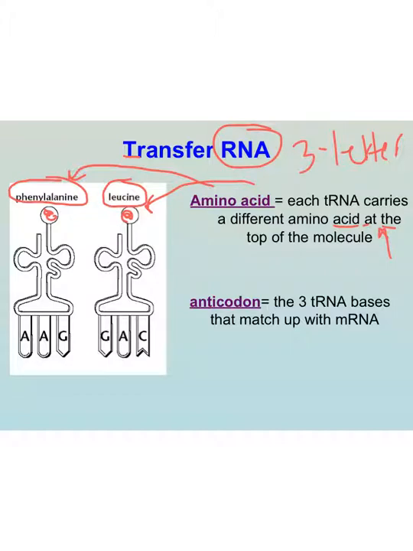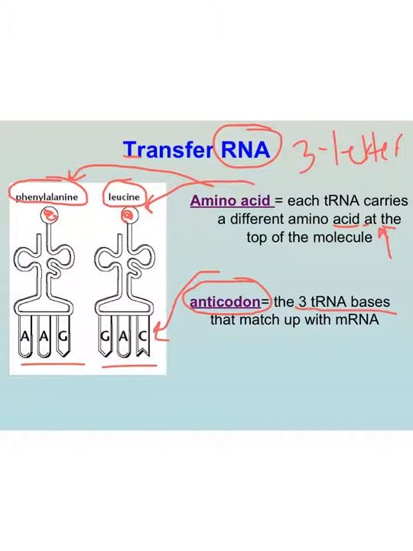So, you can see these 3 letters on the bottom of these tRNAs. This GAC right there, and this AAG right there. Those are called anticodons. Three bases on the bottom of a tRNA molecule make an anticodon.